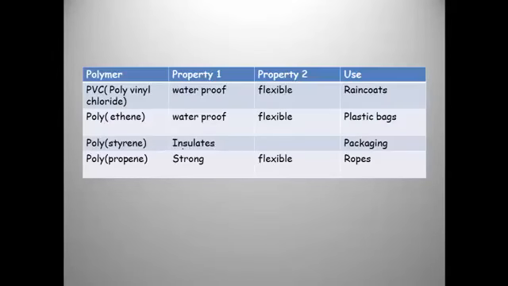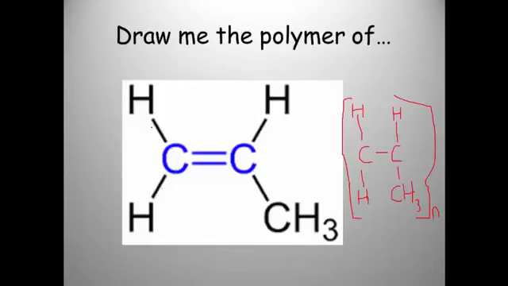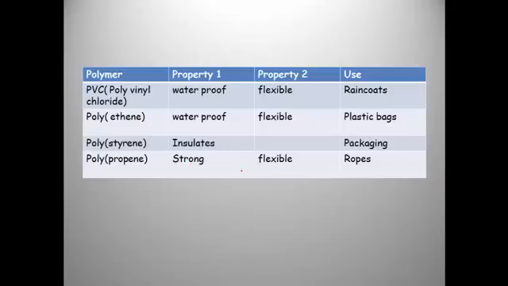Polystyrene, like if you bought a new PlayStation or an Xbox, will come inside polystyrene wrapping because it insulates, it stops heat from moving, and it absorbs shock. That should say absorbs shock here. It's obviously used in packaging or coffee cups. And polypropylene, which was this molecule right here, is strong and flexible and you can use it in ropes. So you might have to link the properties of different polymers up to their uses.